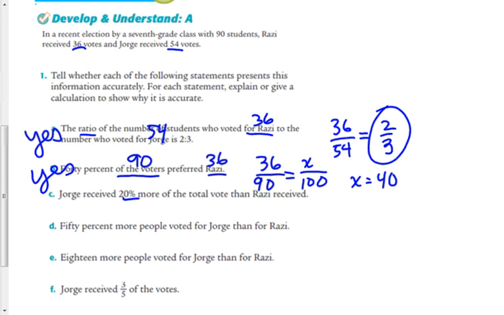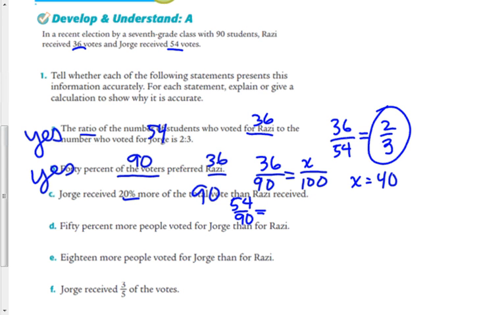Our next one says Jorge received 20% more of the total vote than Razi. So again, we're talking about the total vote, which is 90. If we look at the percent of the votes that each of them got, Jorge got 54 out of 90 votes.